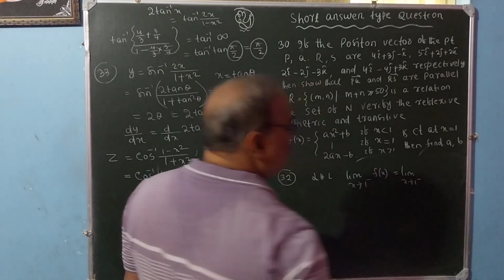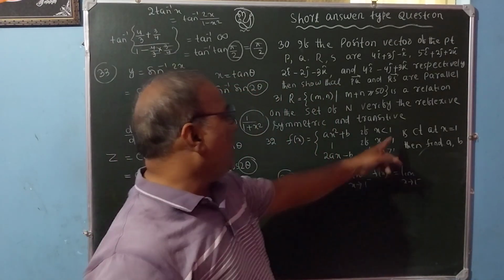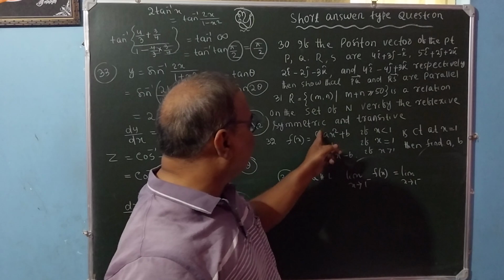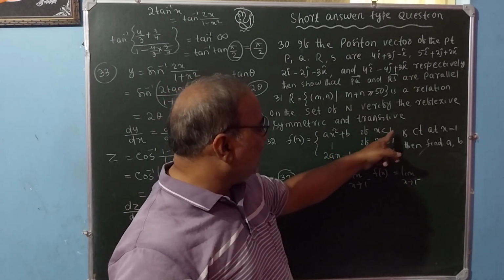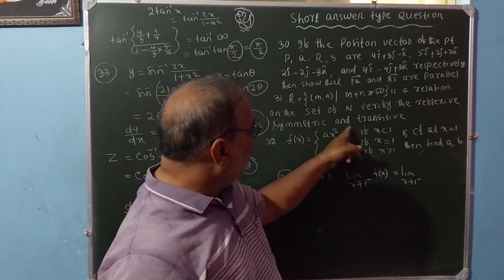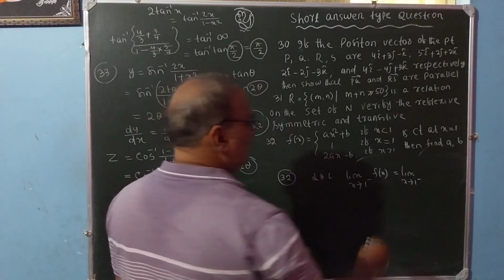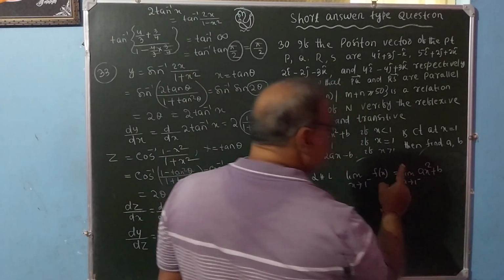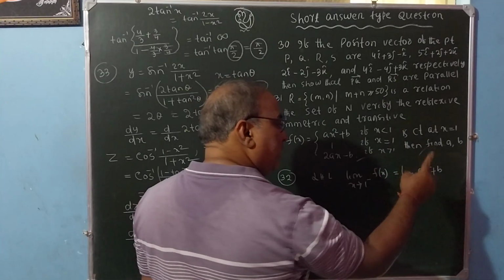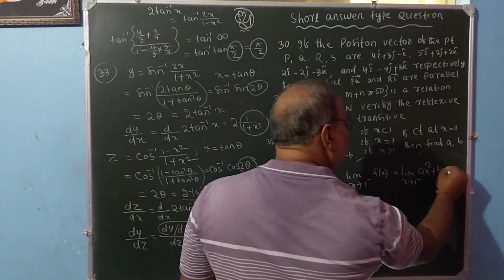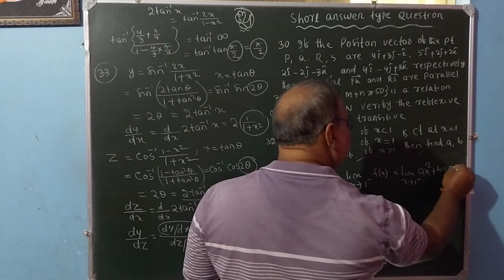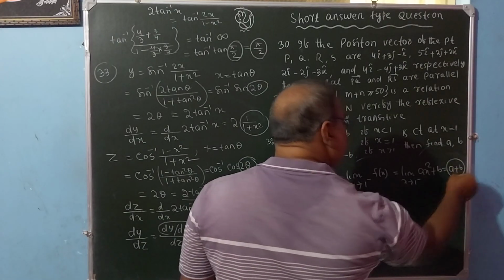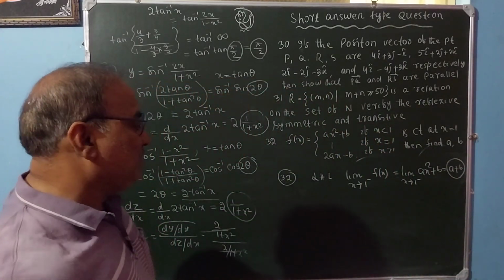When x less than 1, the value of f(x) is ax square plus b. So ax square plus b, then we have to put x is equal to 1. We get a plus b. LHL is coming out a plus b.